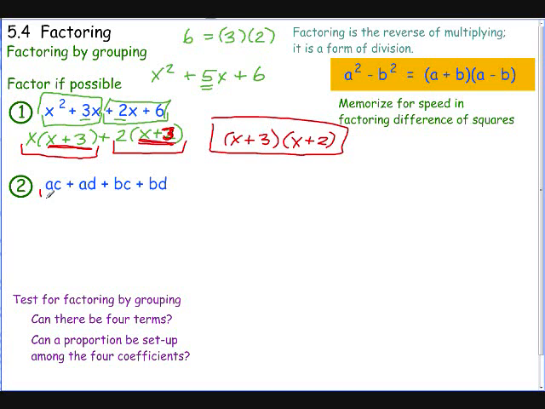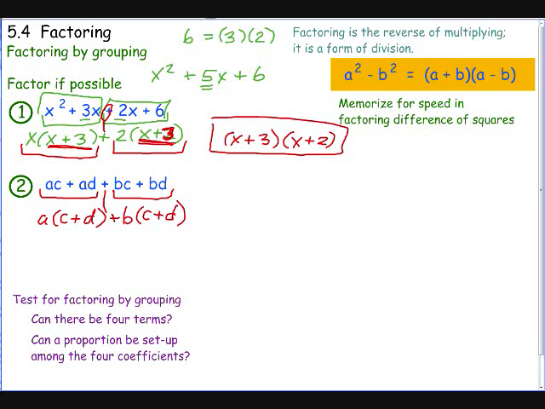Can I do that here? Well, let's try it. What's common here? An a. When I factor a out of these two terms, I'm left with c plus d. Now it's plus, just like this one was, plus went right down here. What's common here? A b. I factor b out, and I'm left with c plus d.